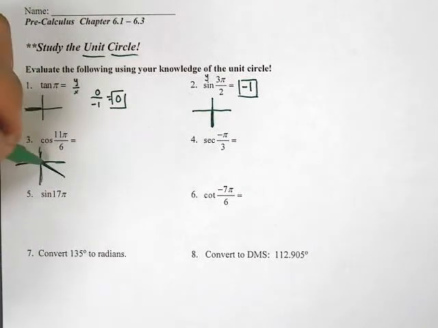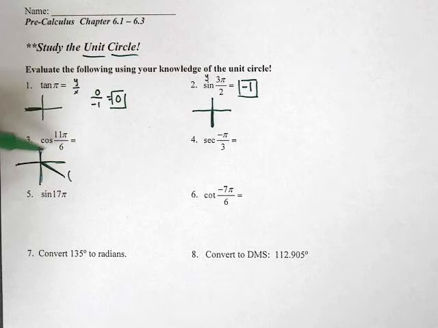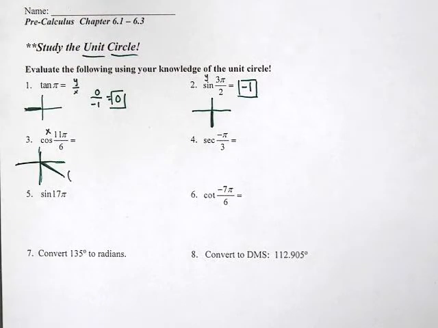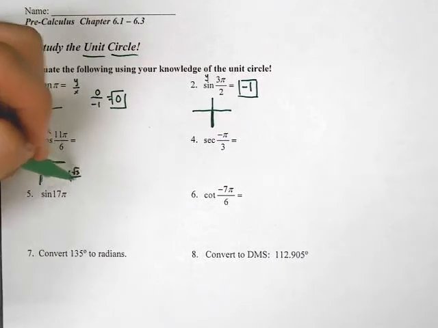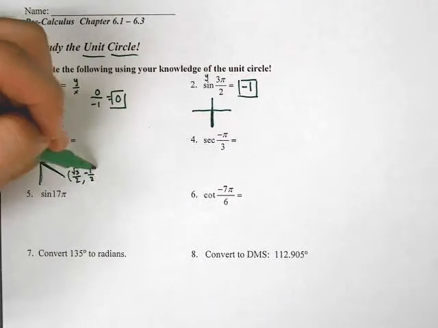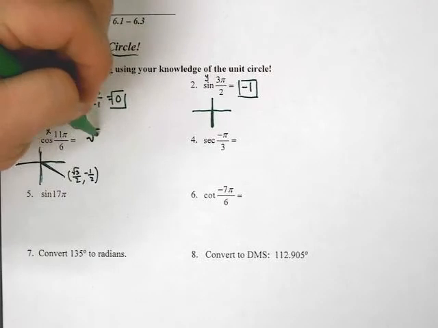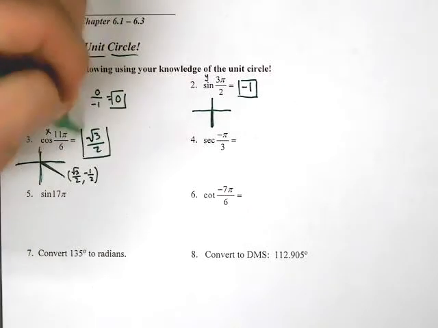So the idea here is that we need to remember, and if you need to write it out, that's fine, but we want to understand that because we are using cosine, we want the x-coordinate, and here, because we're going farther away from the y-axis, all right, pi over 6s are going farther away from the y. They're closer to the x-axis. That means that we're at root 3 over 2 and -1/2. So my answer here is root 3 over 2.